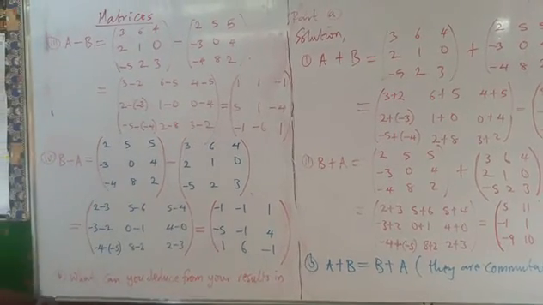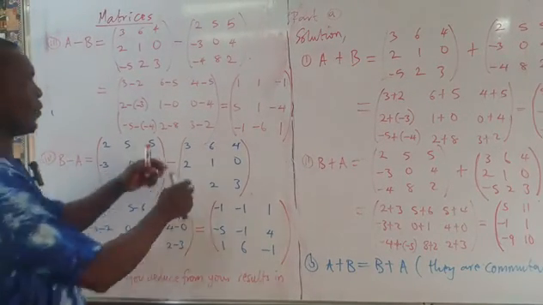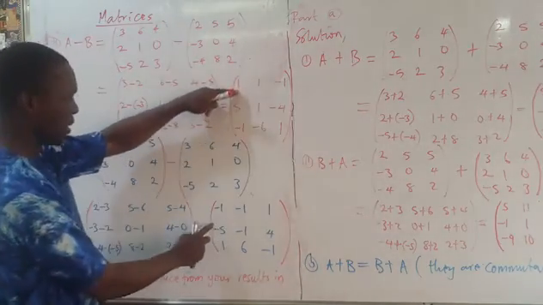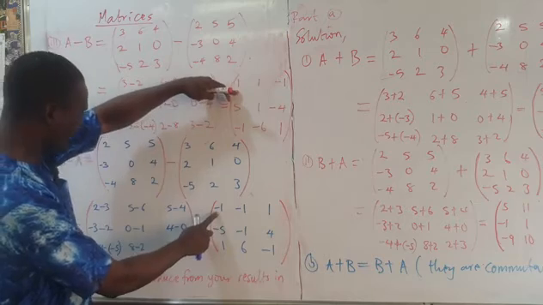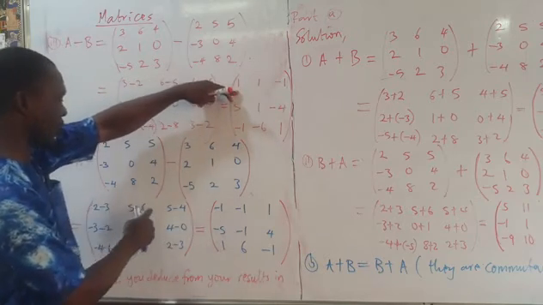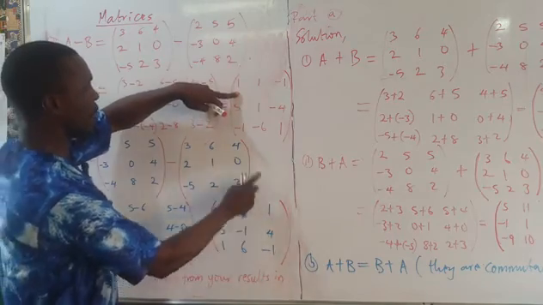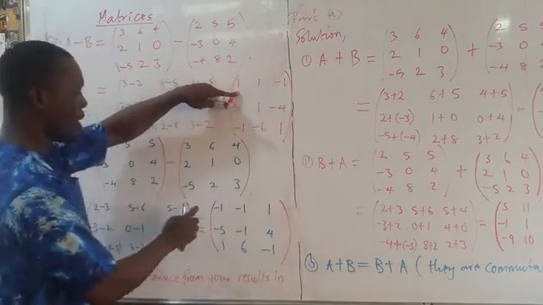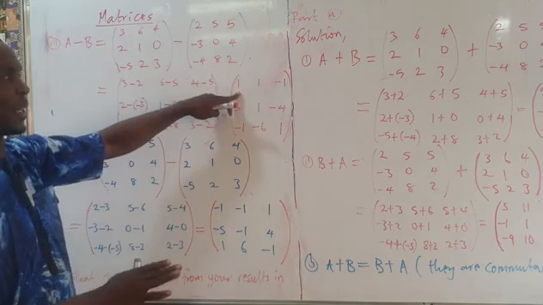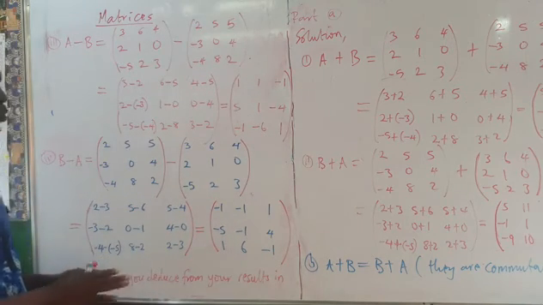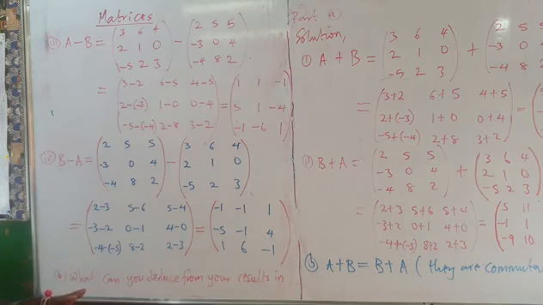So let's now compare the two results. For the first row under A minus B, we have 1, 1, minus 1. Here under B minus A, the first row, we have minus 1, and 1. So the first row is not the same. Once one of the corresponding elements is not the same, it means the two matrices are not equal.